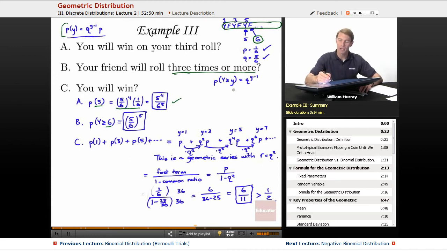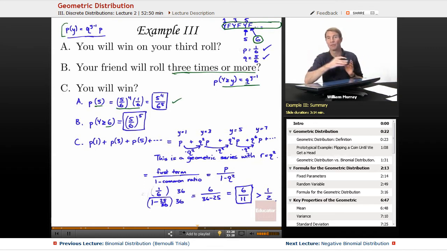And we worked out that probability generically for the geometric distribution on one of the earlier slides. You can go back and check it out if you haven't watched it recently. But that probability is q to the y minus 1. Another way to think about that, we worked it out using a geometric series before, but you could also think about that as in order for the game to last 6 or more turns, it means we have to fail on the first 5 turns.